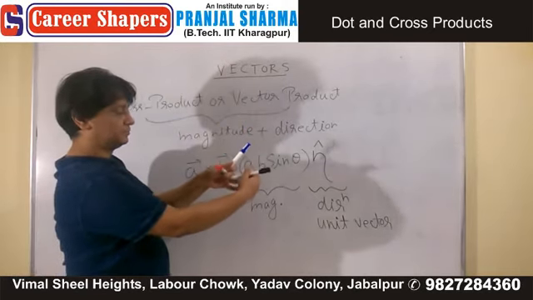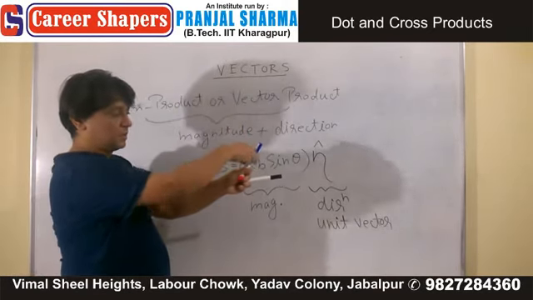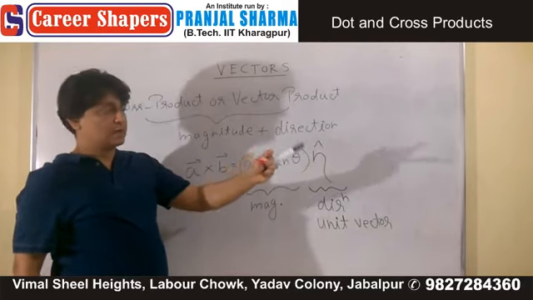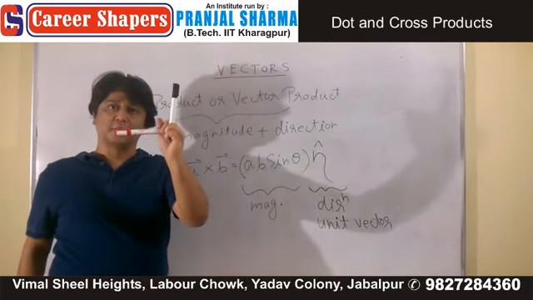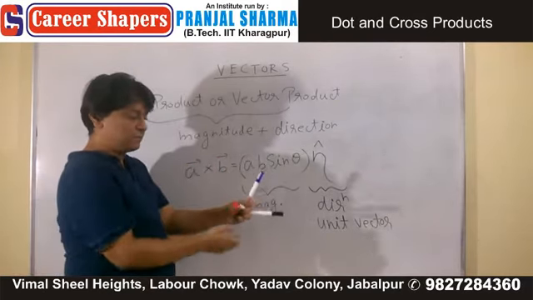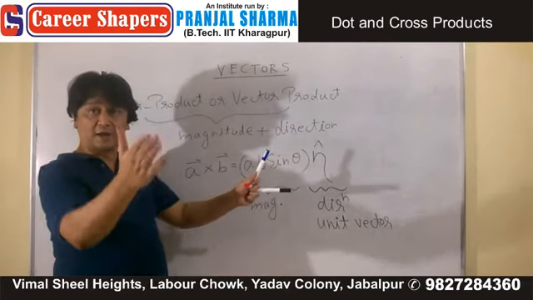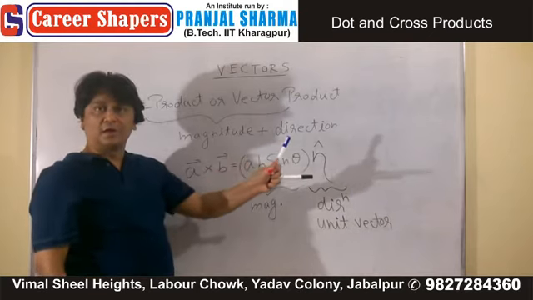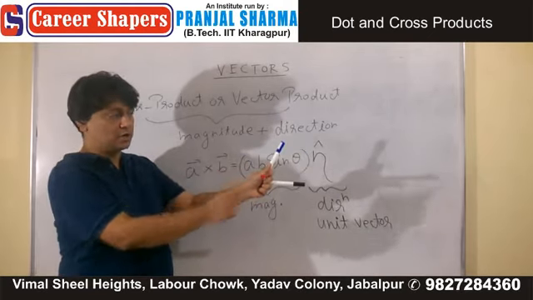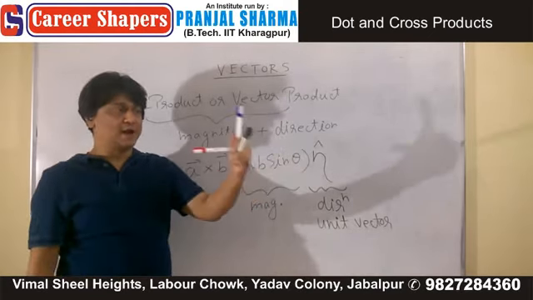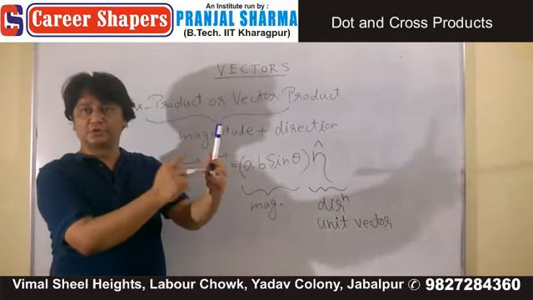Again, this red is also perpendicular to the black. So when you say something is perpendicular to the plane of A and B, then your cross product is always perpendicular to these two vectors.